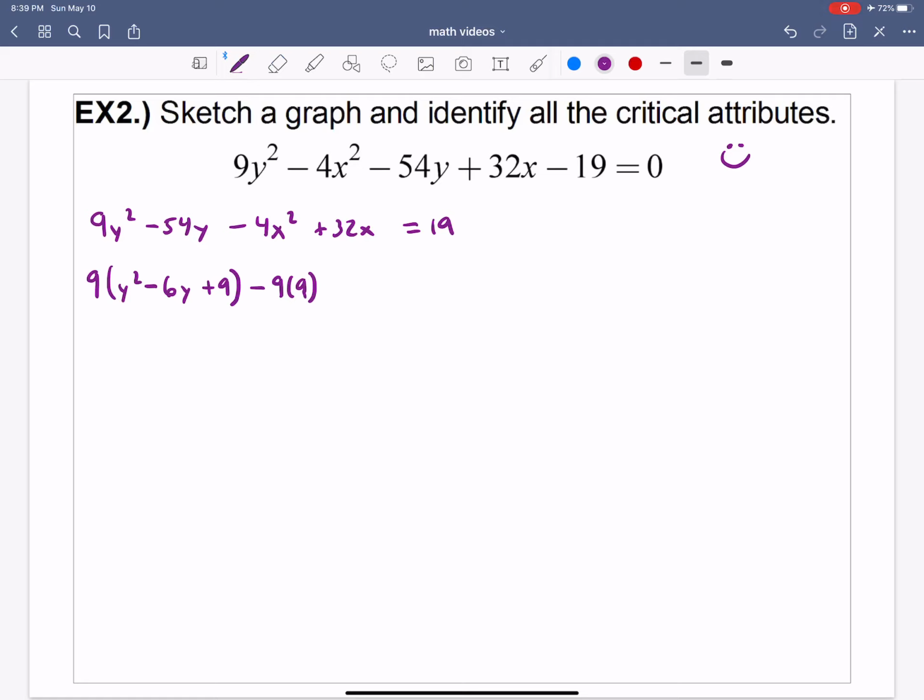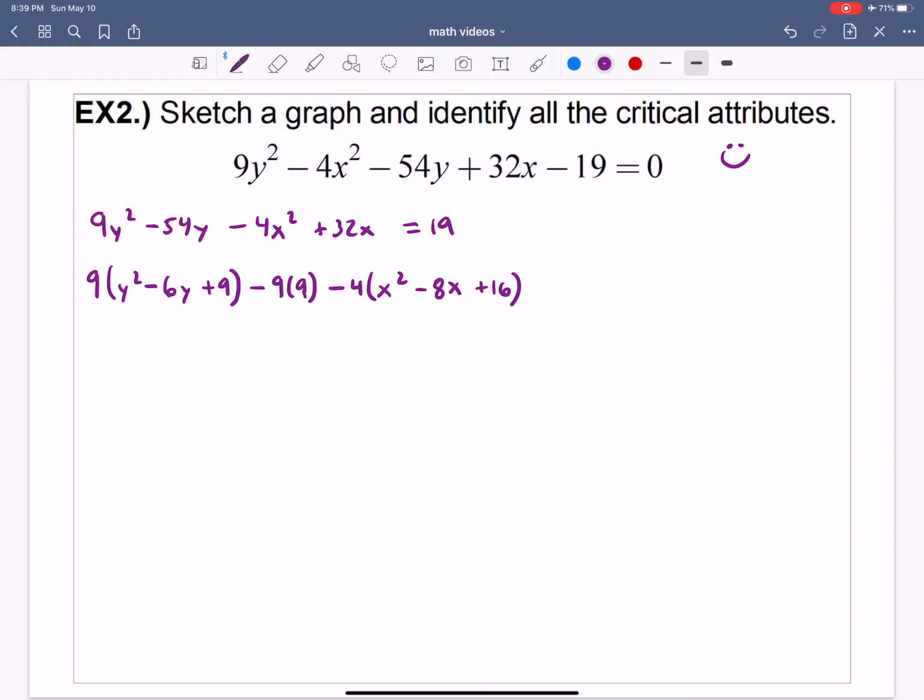Now be careful with the x's here. What you're going to actually factor out first is a negative 4, which makes that x squared, and watch this, makes the 32x minus 8x. Half of 8 is 4. 4 squared is 16.